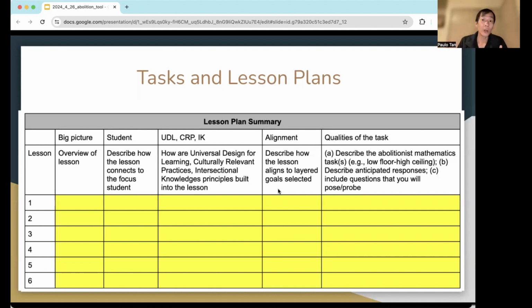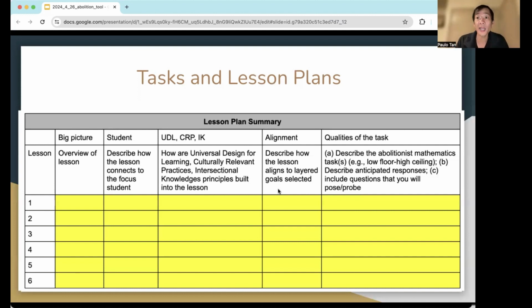So we know that there are math tasks of varying degrees of quality. And so if we have a high quality math task, now we've got to think about abolitionist tasks, or we could also think about an abolitionist task, and how is that a high quality math task. So again, a lot of creation, a lot of thinking, a lot of ways to approach abolitionist practices.